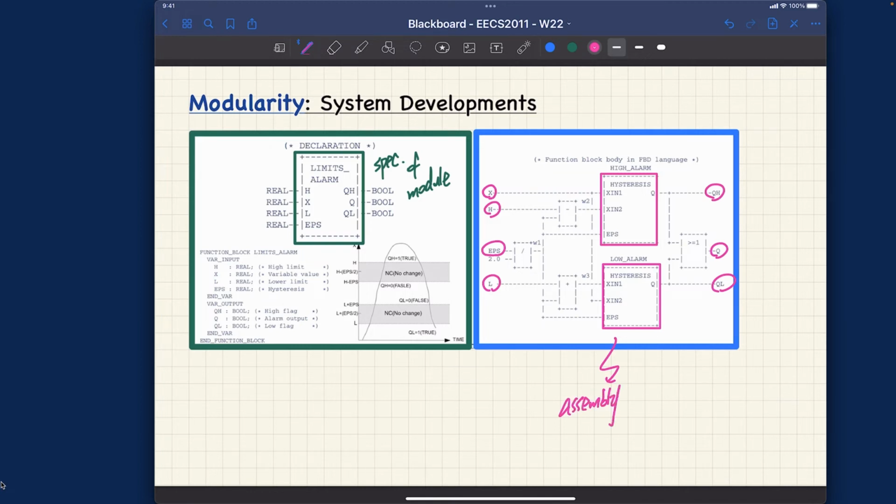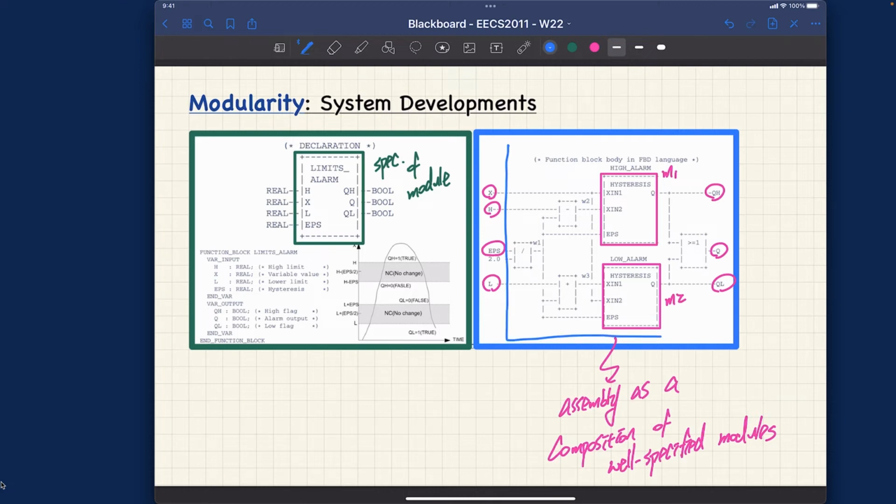The assembly as a composition of well-specified modules. Think about this might be module number 1, this might be module number 2. And together you can build an even larger module. You can think about overall the blue one I'm boxing over here.